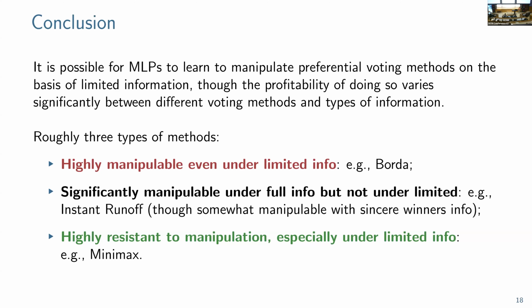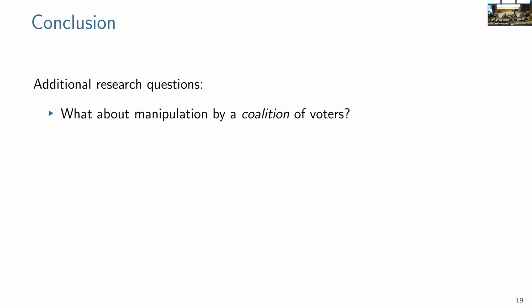Okay, so additional questions. What happens if we allow a coalition of voters to manipulate rather than a single voter? Here we were just thinking about a single voter manipulating. And of course, this is making a strong idealization: I'm manipulating, assuming nobody else is going to manipulate.